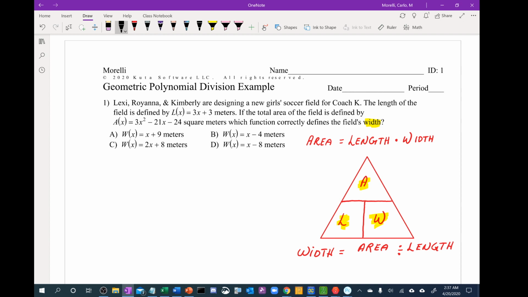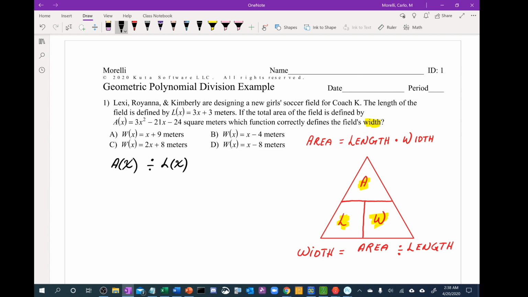So what we need to do in our problem is divide A of x, the area, it's over here, by L of x. I named these functions with the right letters so you don't get them mixed up.